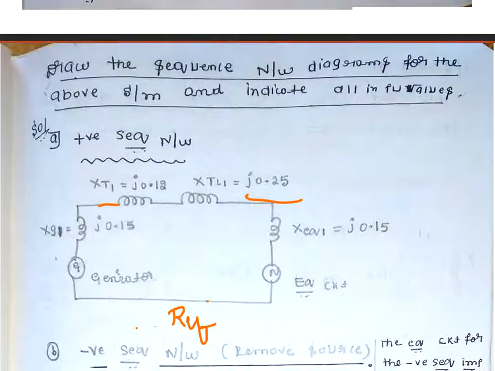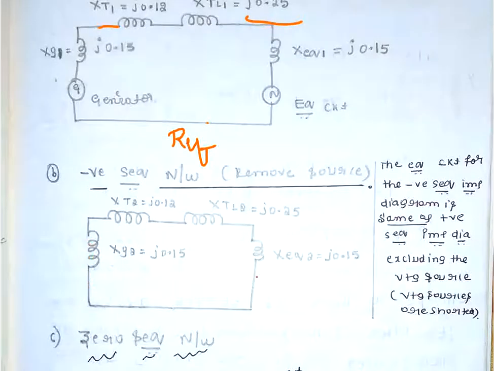Then, how to draw the negative sequence network? All the things will be the same, right? In the negative sequence network, what will happen? Your generator will not produce negative sequence components of voltages. Only the generator produces positive sequence components of voltages. So there should not be a generator source. You can see here, the generator source is taken out, because almost all generators are symmetrically wound.